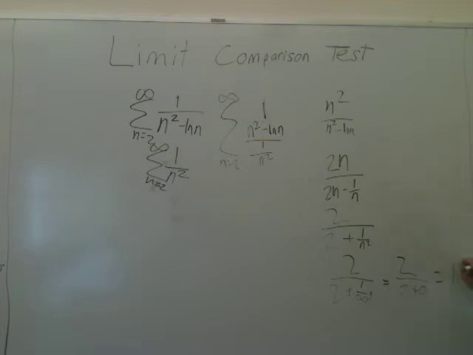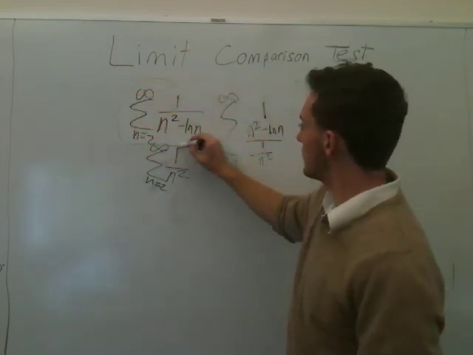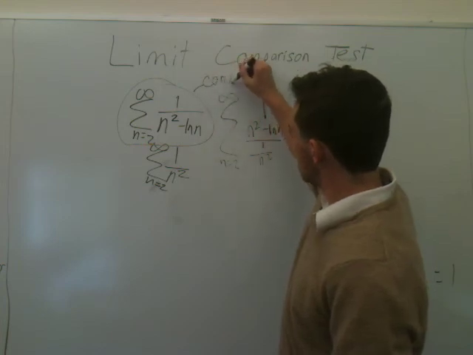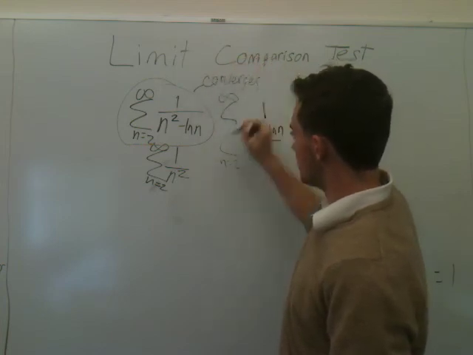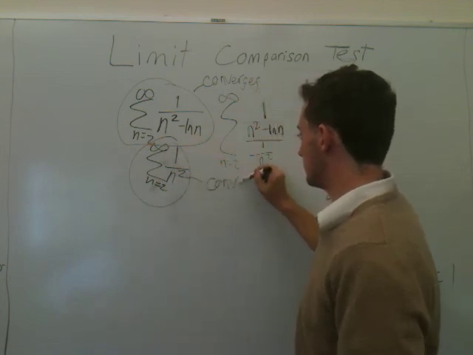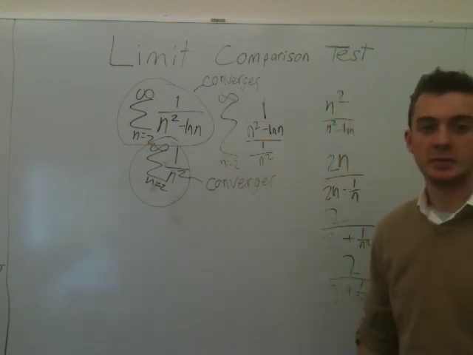Because it's a finite number and it's not 0, it means that this series converges, because 1 over n squared converges. And that's the limit comparison test.